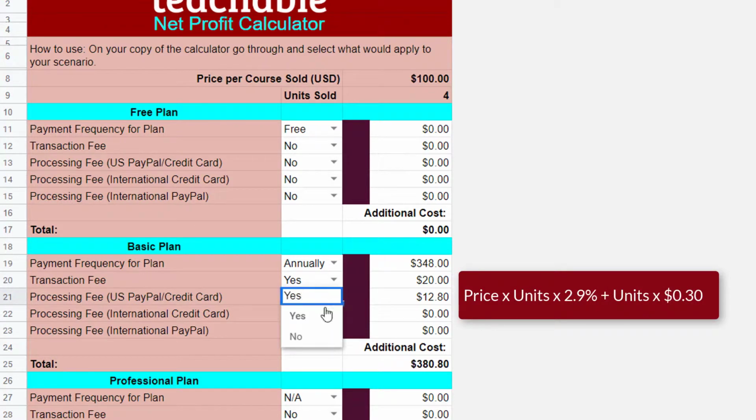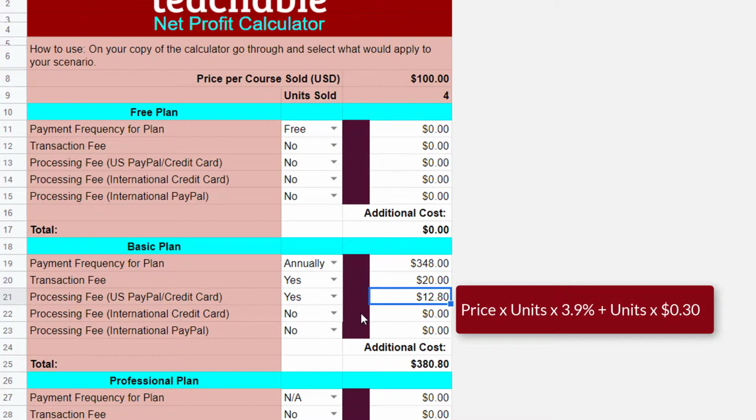For the processing fee, I assumed the sales were being made by U.S. customers, and they're either using PayPal or credit card. And so that is a 2.9% fee with every unit sold times 30 cents added to that.